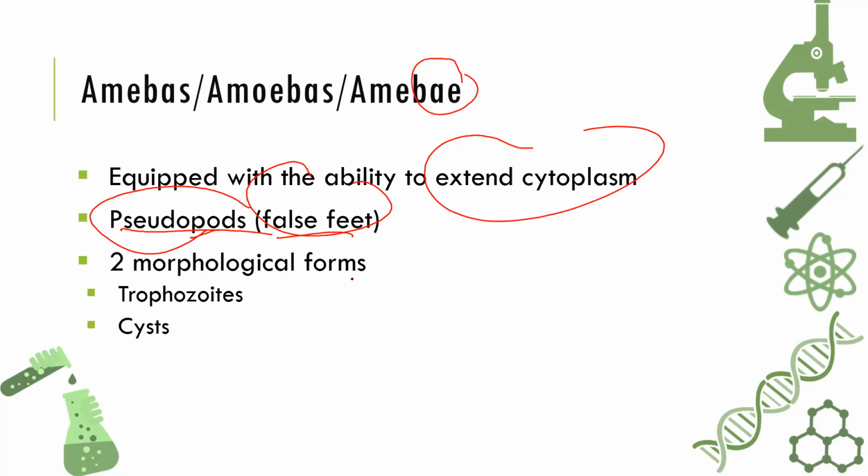Now remember that generally, among all protozoans, there will always be an exemption to the general rule. Generally, protozoans have two distinct morphological forms: the trophozoite and the cyst. What is the difference between trophozoites and cysts?